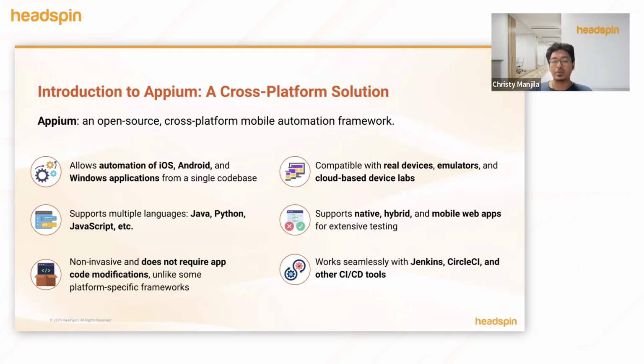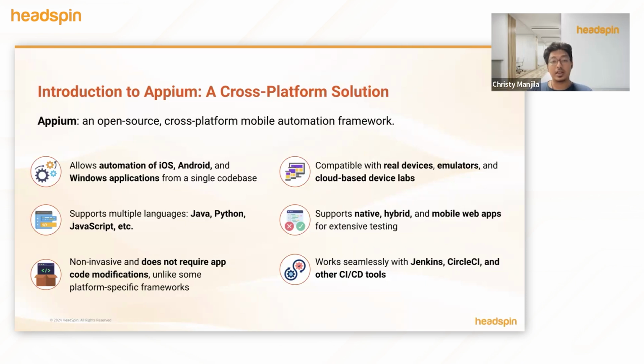So it uses an IP and port to get the devices connected. So it's really easy to connect to any device. That's why major cloud-based device farms use Appium as their base. Even HeadSpin uses Appium servers on our host so that you can connect to it very seamlessly. And you can connect real devices and emulators in cloud-based devices, in fact.